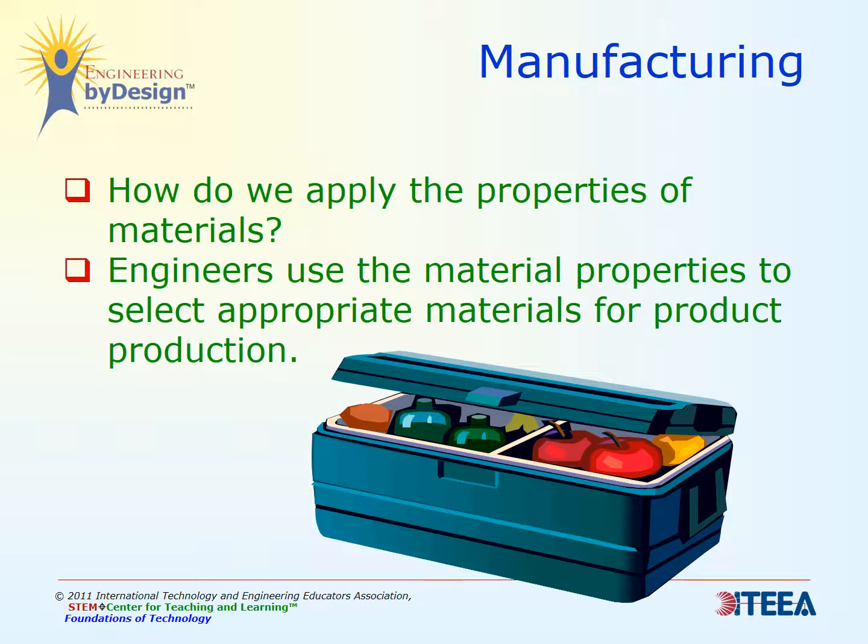Now, when we look at manufacturing, we want to know, how do we apply the properties of materials? You have engineers and scientists using the material properties to select appropriate materials for product production.